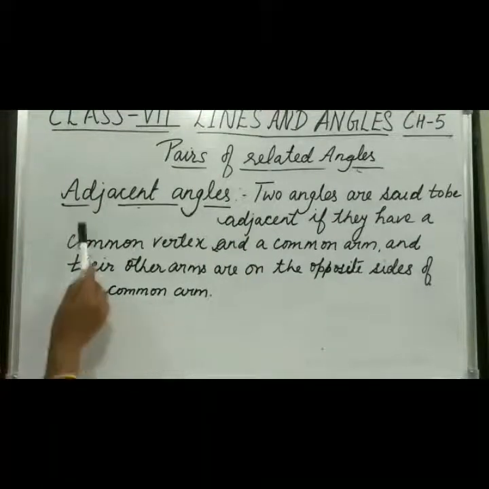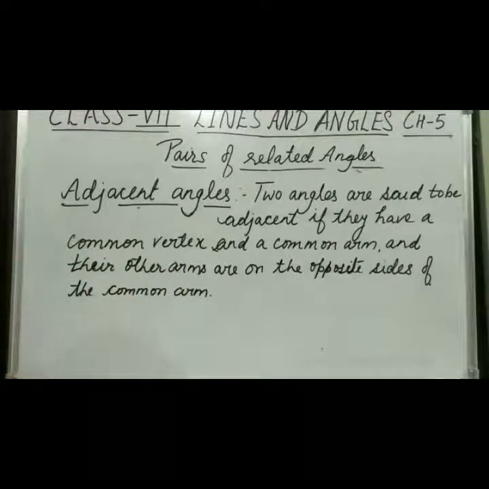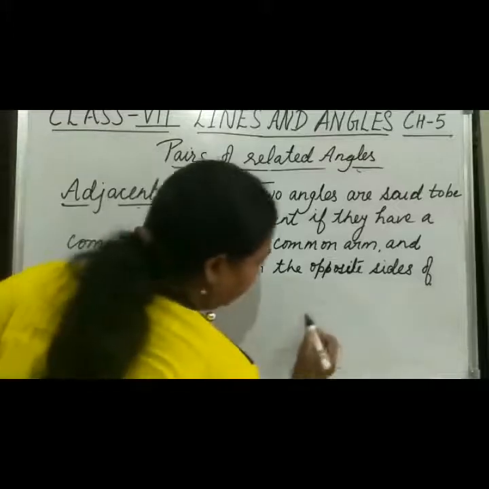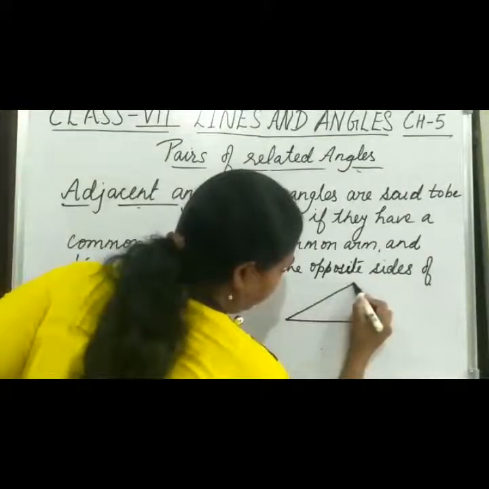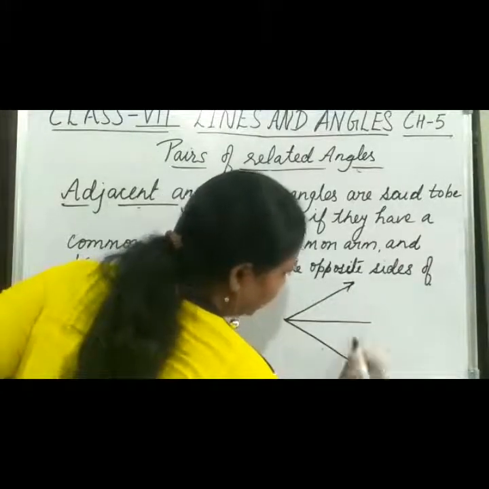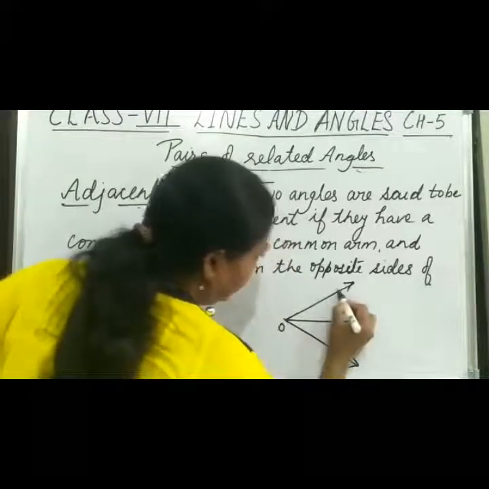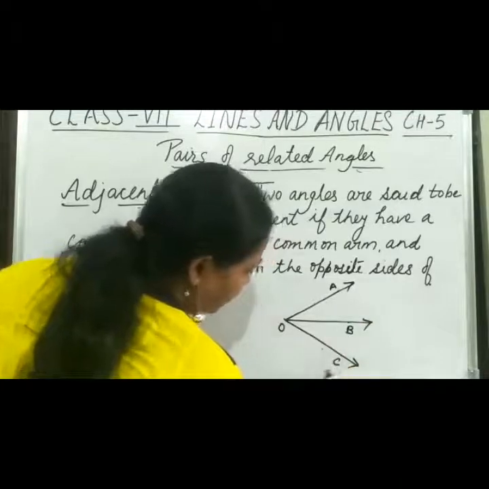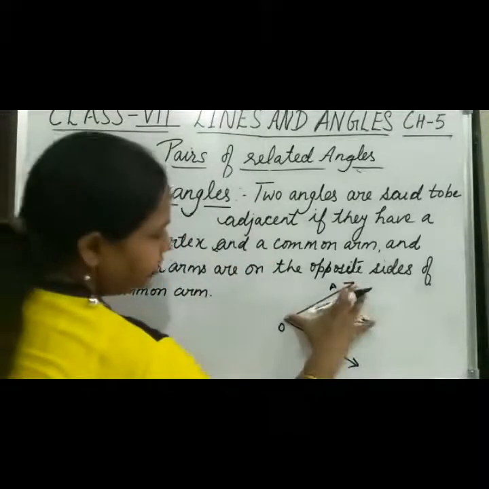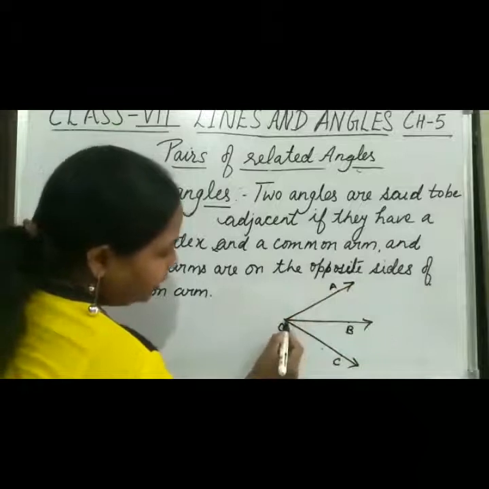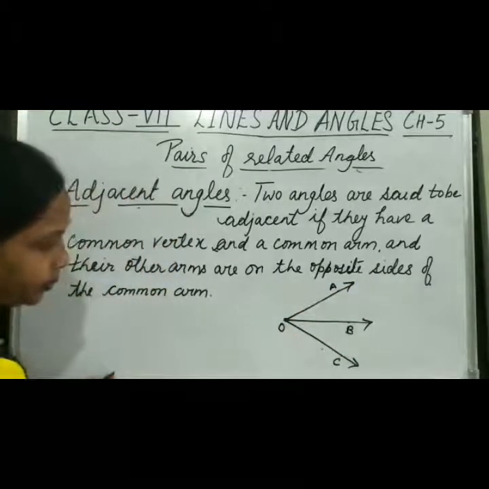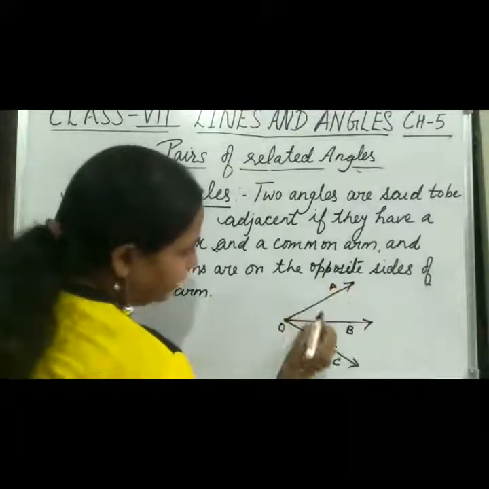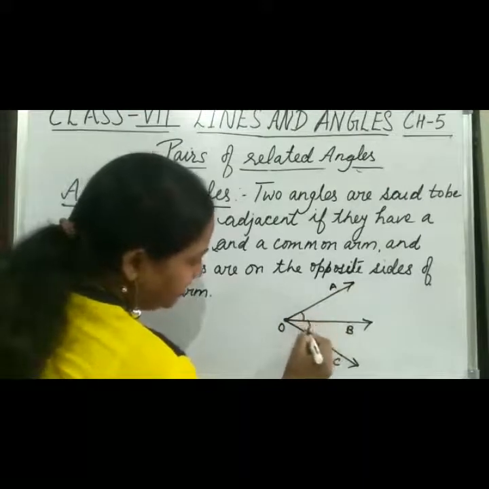Now the first one is adjacent angle. To explain this angle, now I will show you this figure. See this figure everyone. This is ray OA, this is ray OB, this is ray OC. Now these three rays have a common vertex O here, and in these two angles, this is one angle and this is another one.